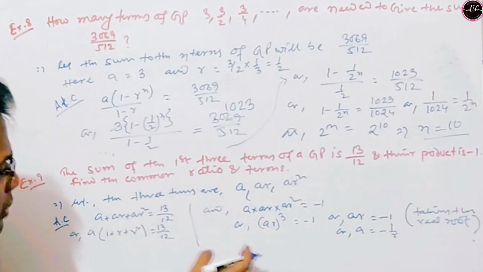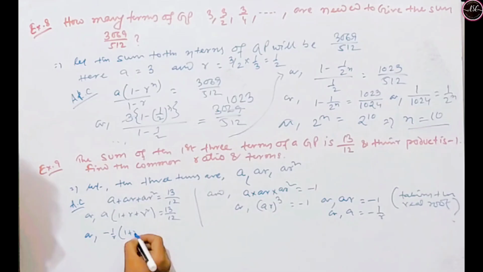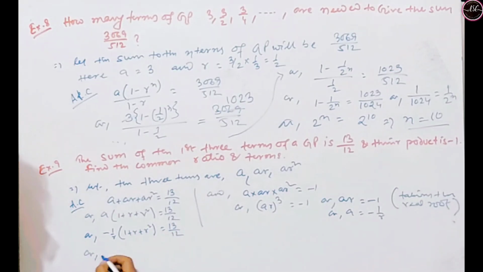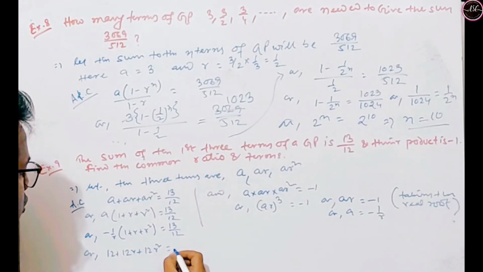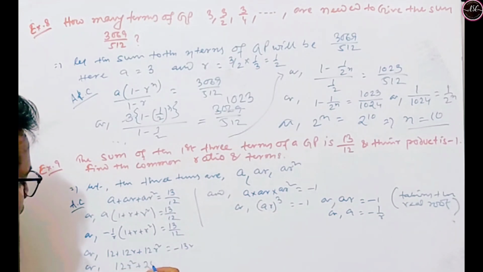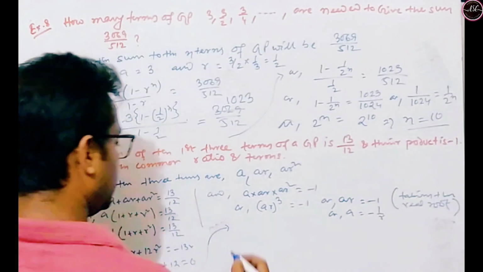Okay, now putting the value of A in this equation: minus 1 by R into 1 plus R plus R square equal to 13 by 12. Cross multiply: 12 plus 12R plus 12R square equals minus 13R, so 12R square plus 25R plus 12 equals 0.